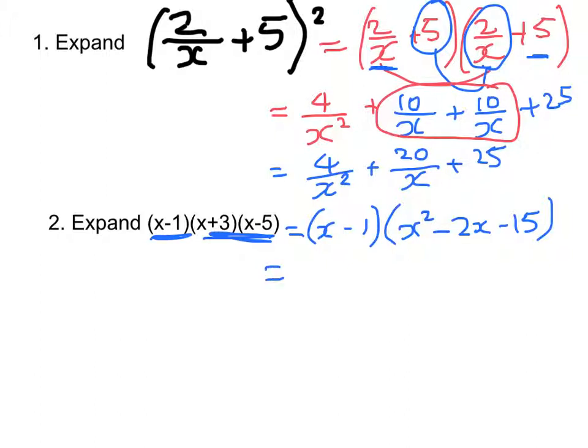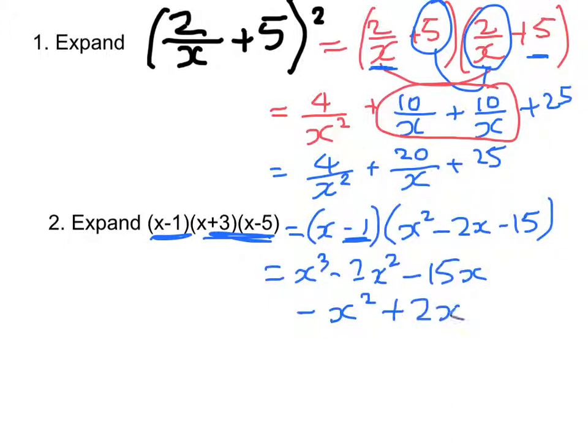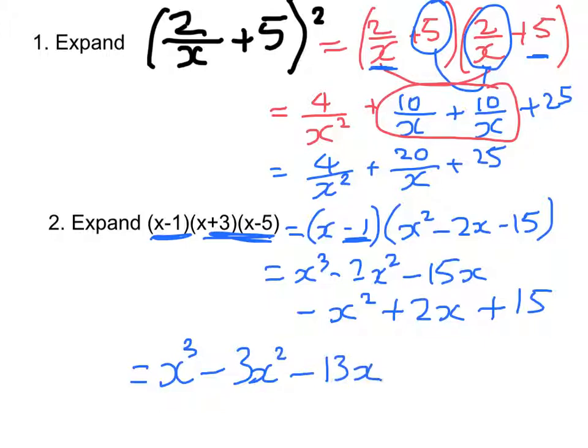So we get x minus 1, so I'm going to have x cubed minus 2x squared minus 15x. Now watch the negative here, it's minus 1, so minus x squared plus 2x plus 15. Now lastly, collecting up like terms, x cubed minus 3x squared minus 13x plus 15.